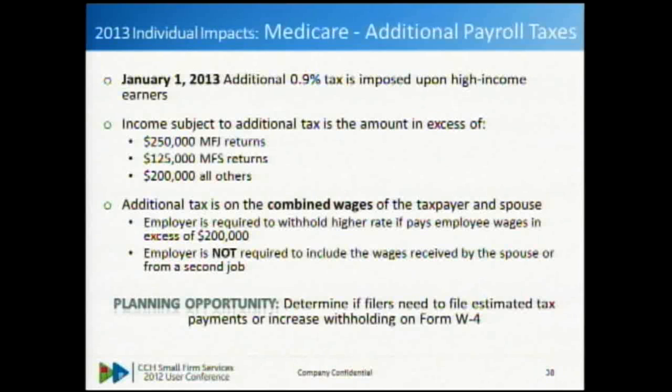If you have taxpayers that exceed this amount and it comes from multiple sources, before January 2013, do they need to do additional withholding on their Form W-4, or do they need to look at filing some estimated taxes so they're not hit with a bill on their 2013 return? Any questions on that one?